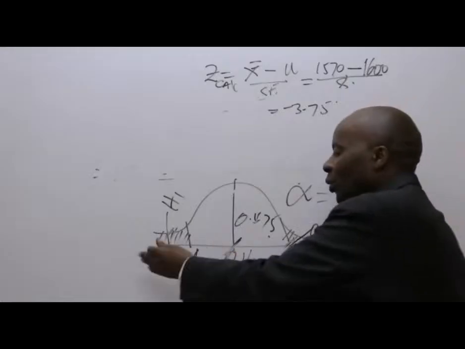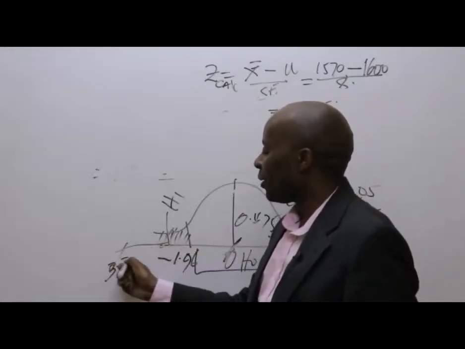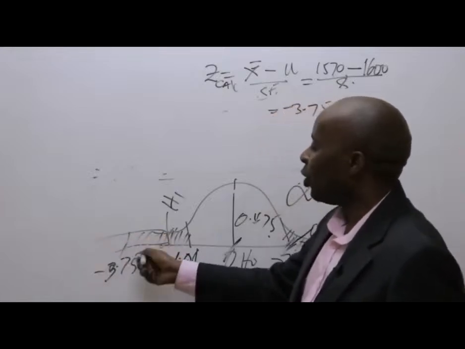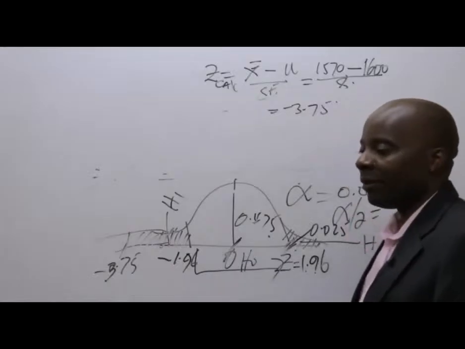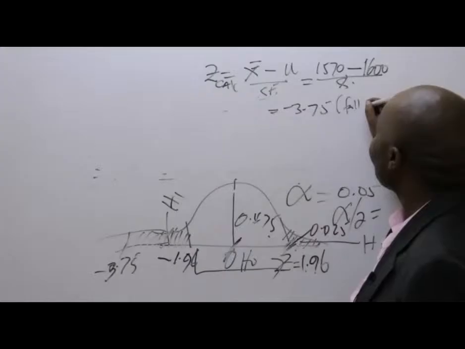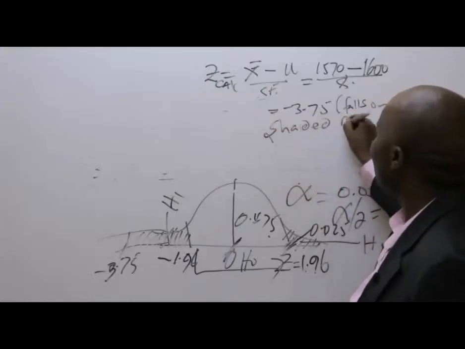As I go that way, I can see minus 3.75 will fall here. And if it falls there, ladies and gentlemen, we can see that this falls on a shaded area.